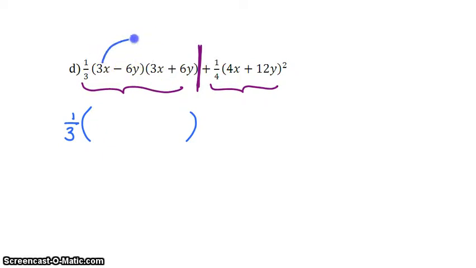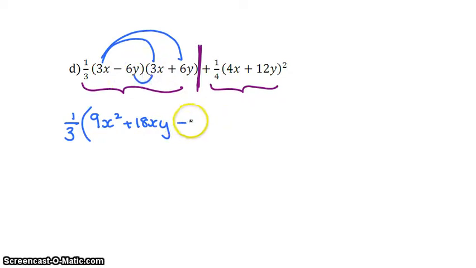So I have 3x times 3x gives me 9x squared plus 18xy. I'm going to run out of space again. Minus 18xy, which immediately lights up cancelling because they're like terms, and minus 36y squared.